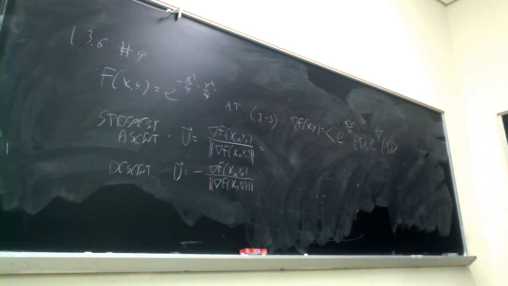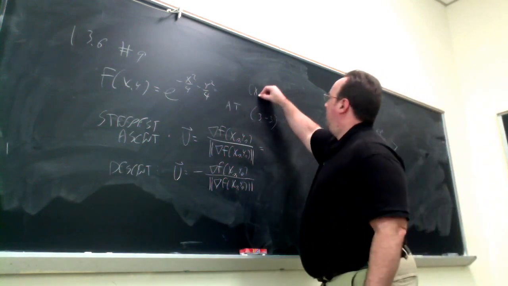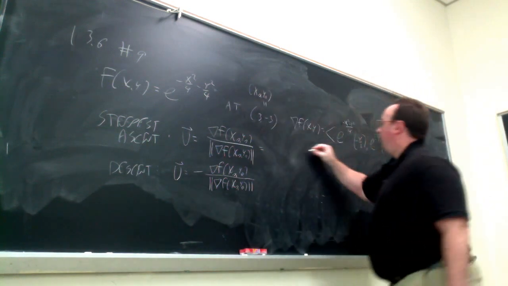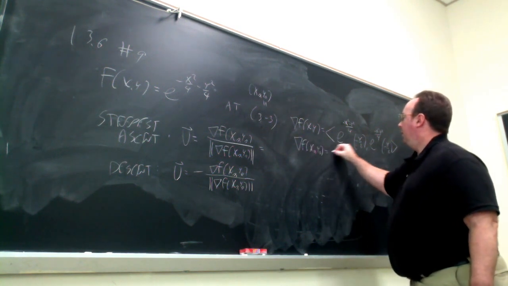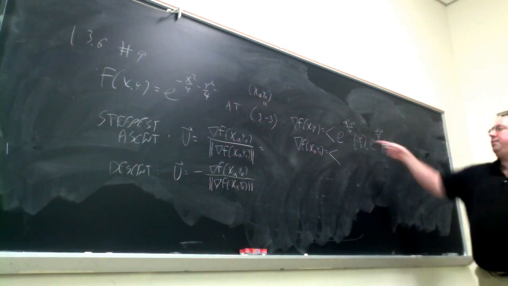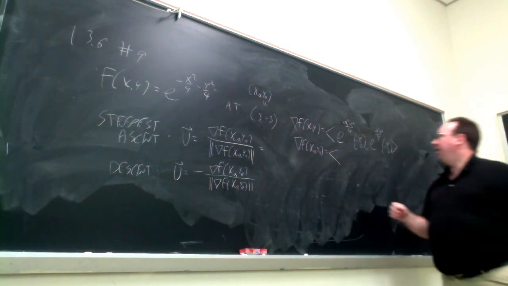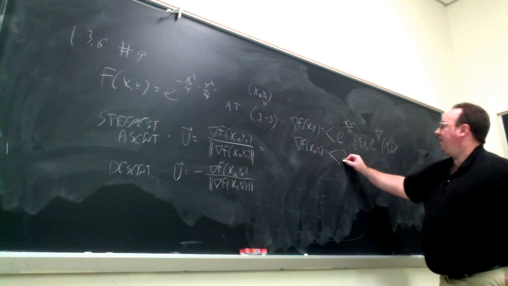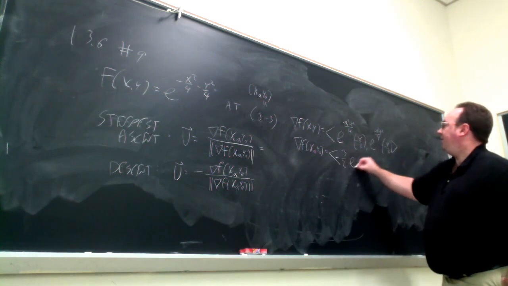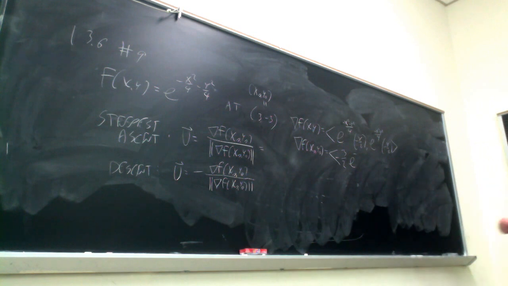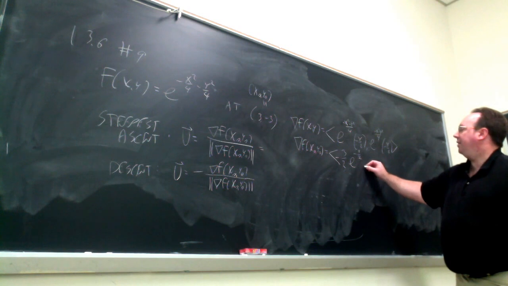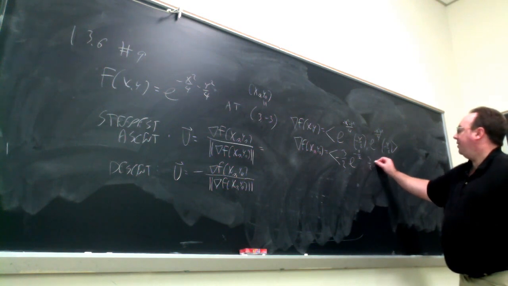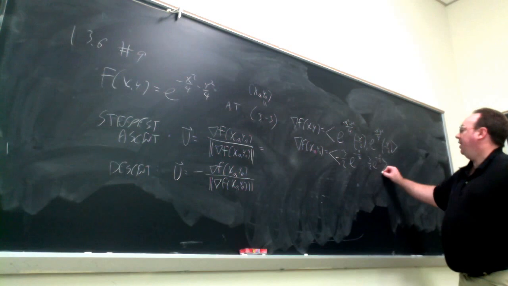Okay. And now we can plug in our given point. Okay, so we're going to get minus 3/2 here and plus 3/2 here. So we have minus 3/2 e to the minus 9/2, and then plus 3/2 e to the minus 9/2.